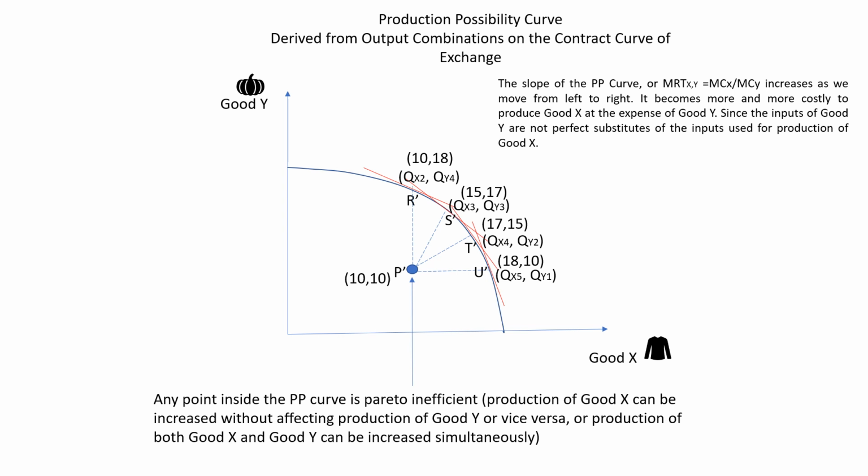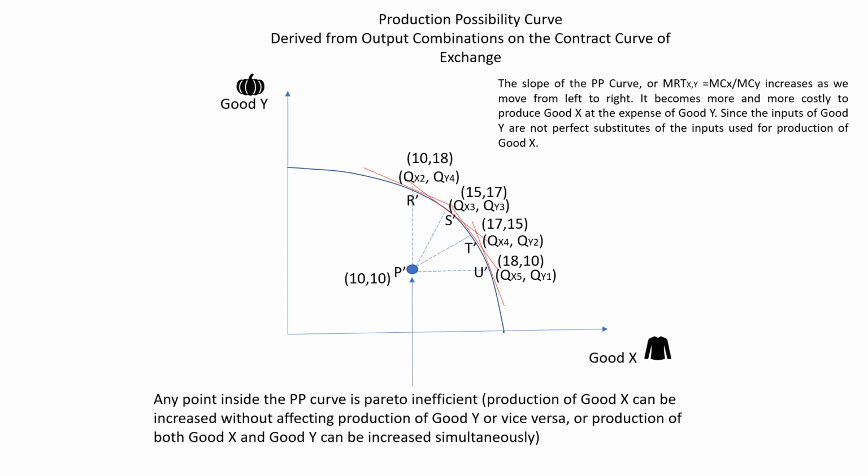This is the production possibility curve, which comprises the plot of all the output combinations that are lying on the contract curve for exchange. So the points which are lying on the production possibility curve are all derived from the contract curve of exchange.